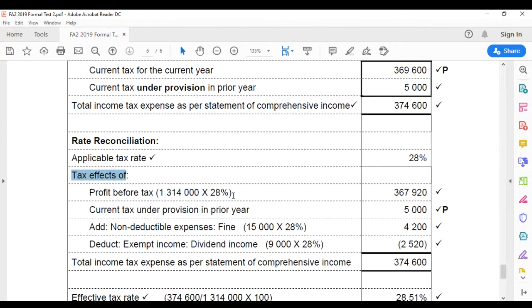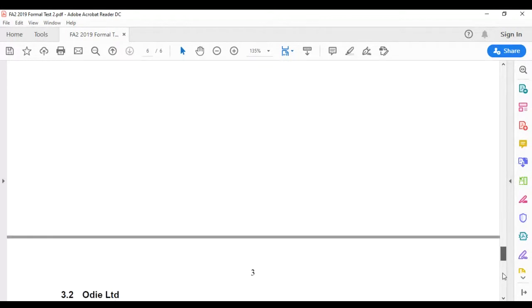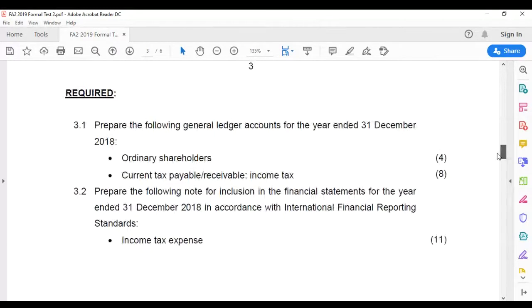And that accounting profit is disclosed as what in your statement of comprehensive income? It is disclosed as profit before tax. That is exactly how you're going to describe it in this second part of the note. So you're going to type or write there profit before tax. And you remember the amount that we started our tax calculation with.